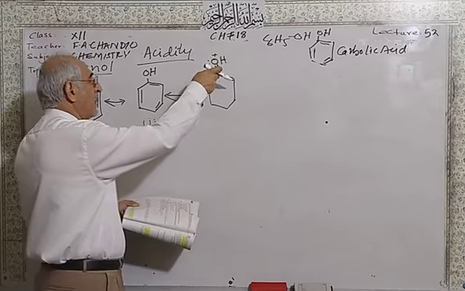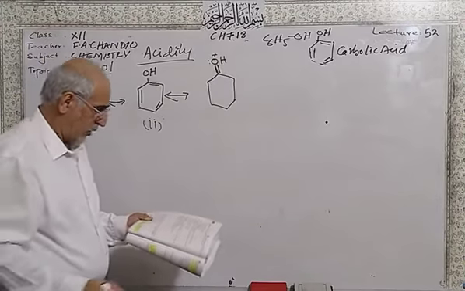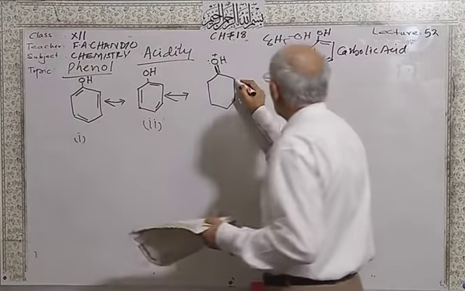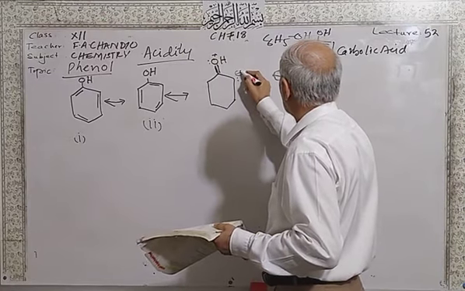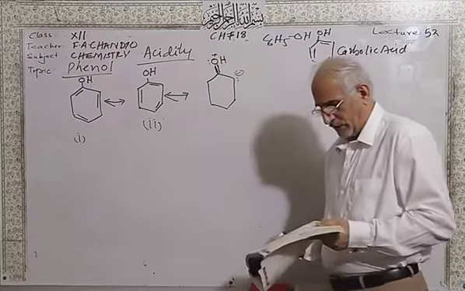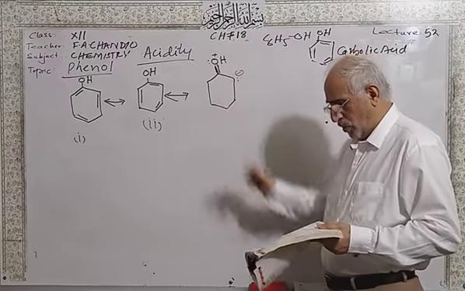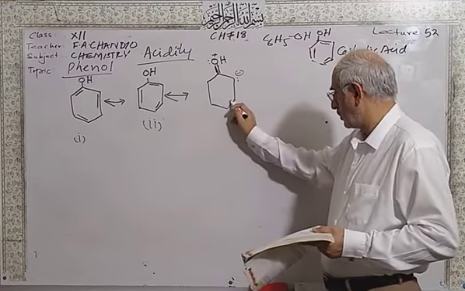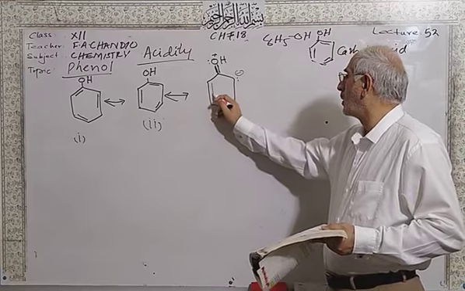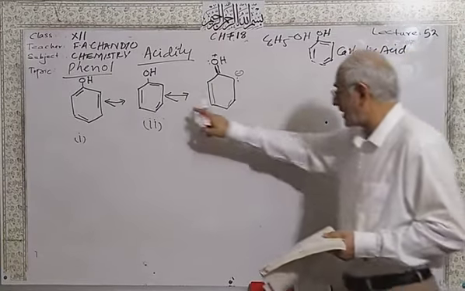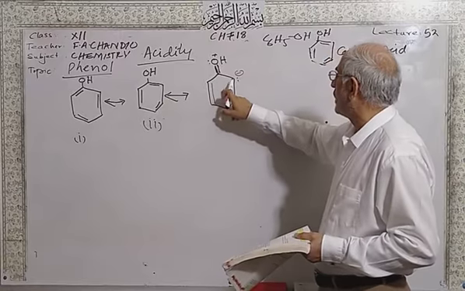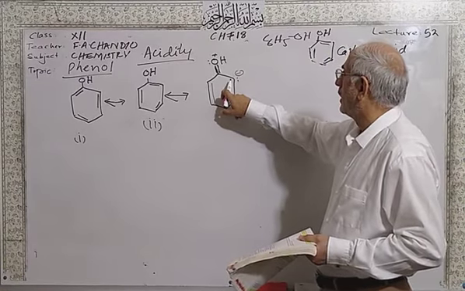So the valency of this carbon is going to be increased. So a lone pair is created here and a negative charge here because the bond is going to be shifted.